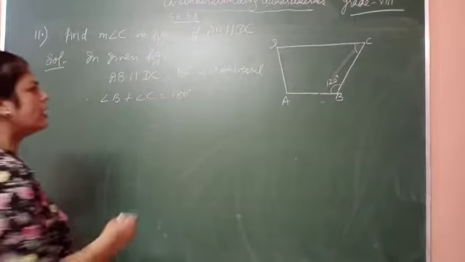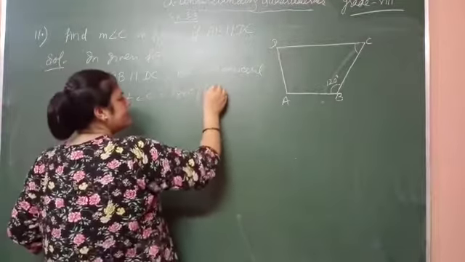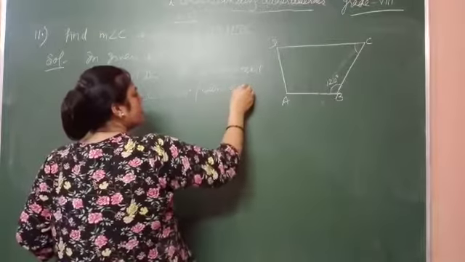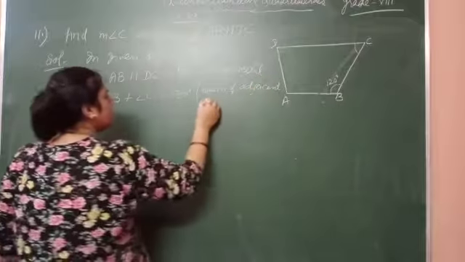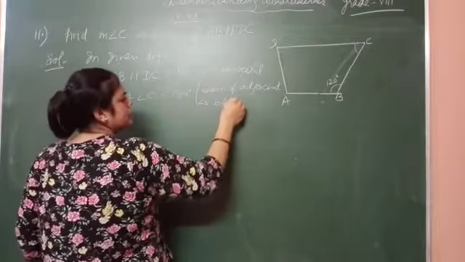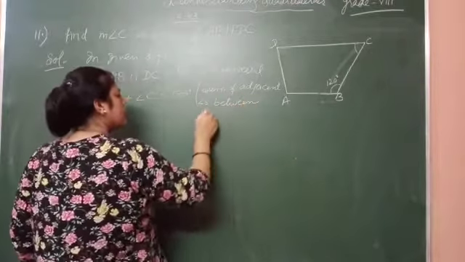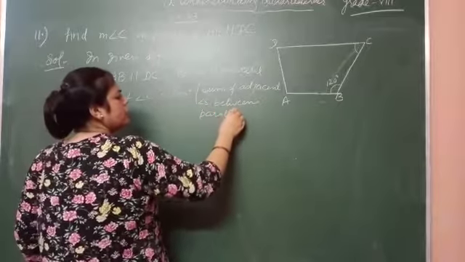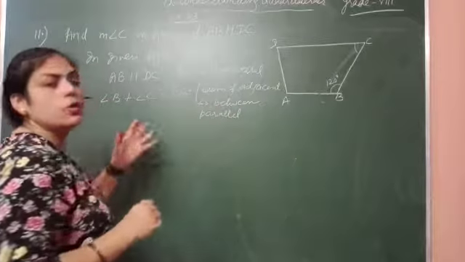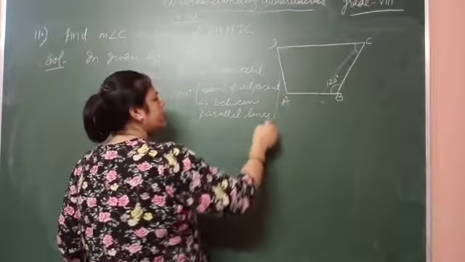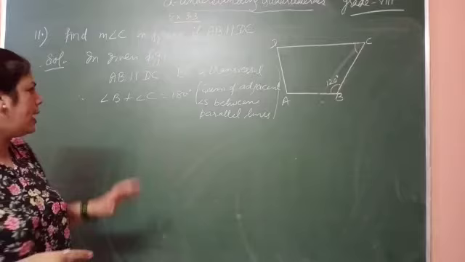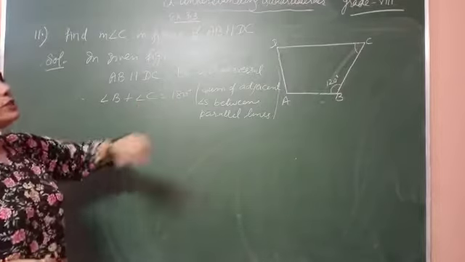Why? Sum of adjacent angles between parallel lines, जो adjacent angles होते हैं उनका sum 180 degree होता है. So angle B plus angle C is 180 degree.